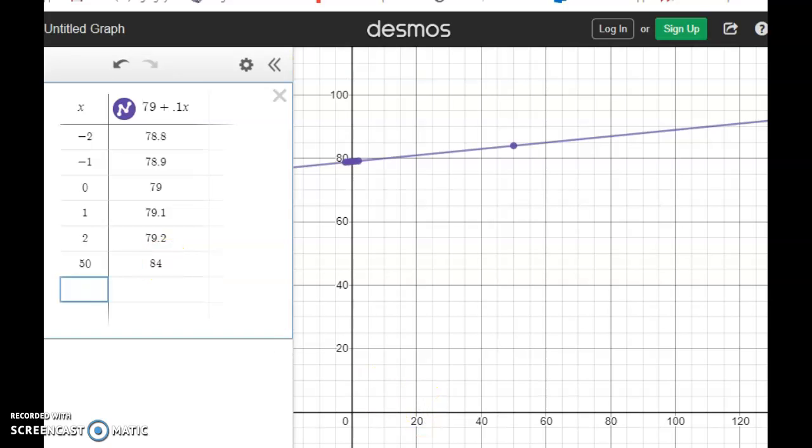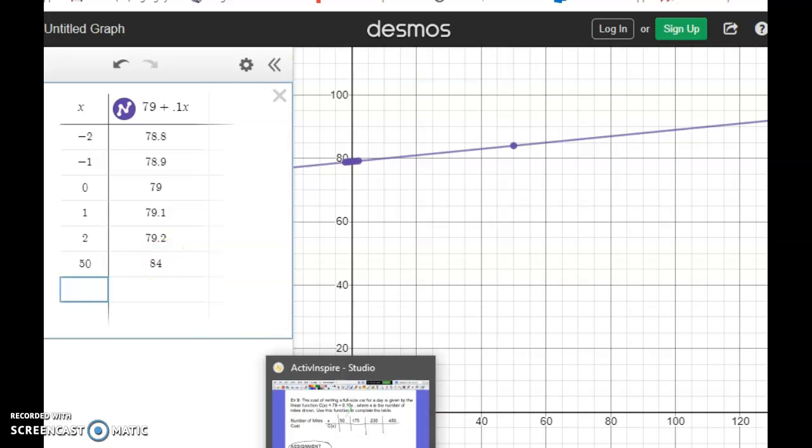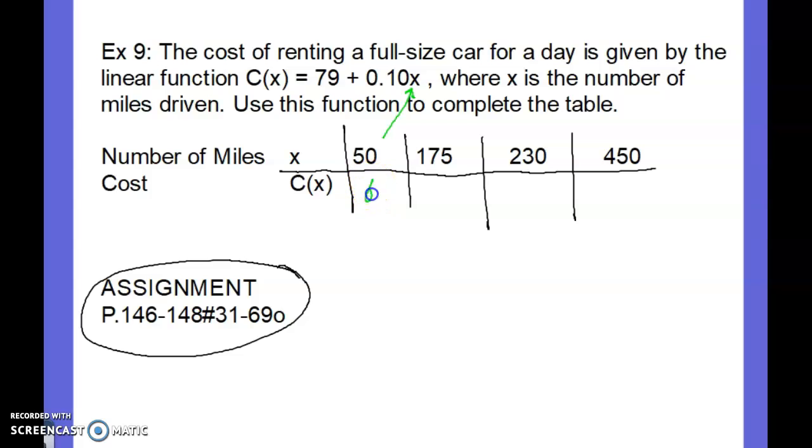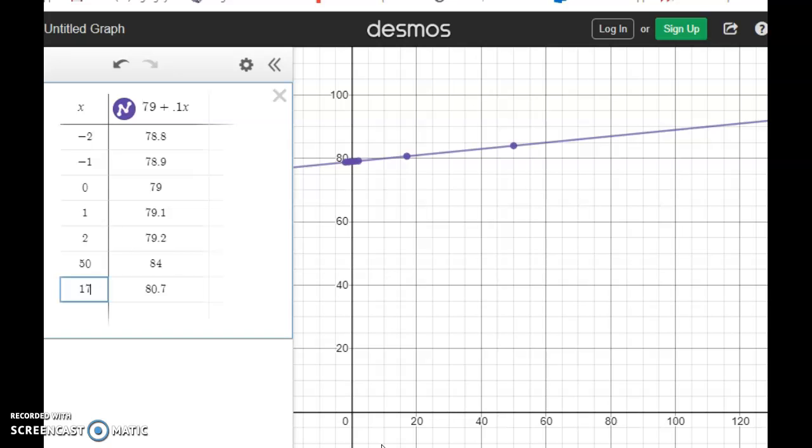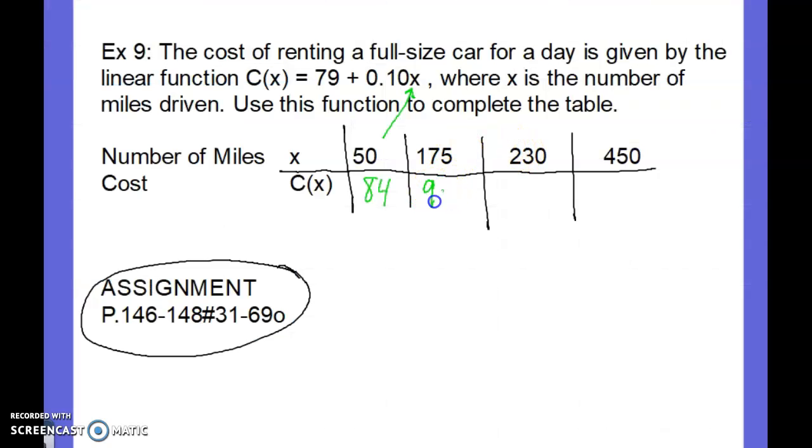So the y costs $84 to go 50 miles. All right, and then the next one I'm going to change to 175. Costs $96.50. Saves you a lot of time to do this.